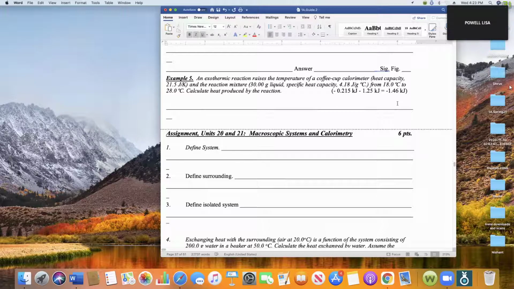If you add 273 to 18 degrees and 273 to 28 degrees, it would still be 10, so it cancels out and it's only 10. So multiply that by 10 Celsius, or you can write Kelvin, it doesn't matter.